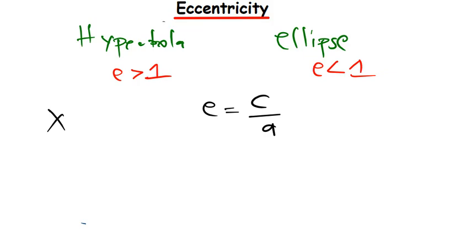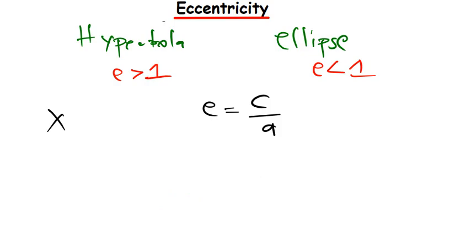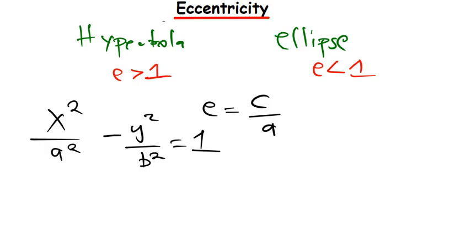You've got the foci somewhere there and there. Take any point on the hyperbola and measure its distance to the two foci. The difference there is a constant. So the formula is x squared over a squared minus y squared over b squared, in the case where it is along the x-axis.